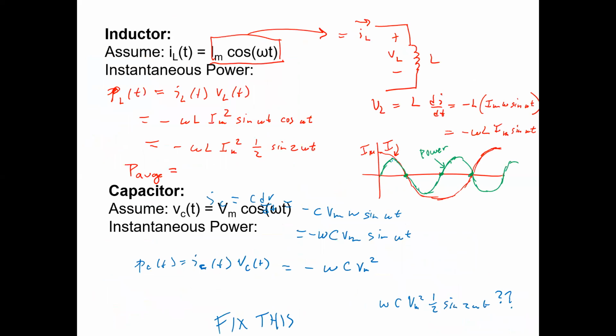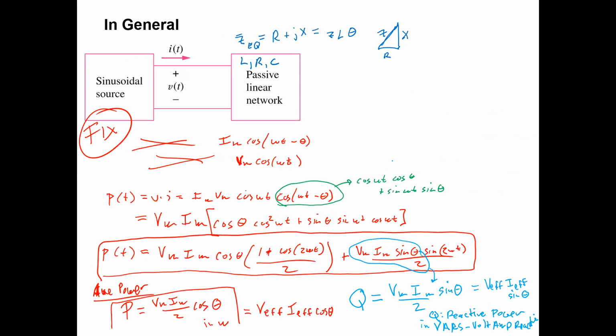When the green sine wave is positive, it's absorbing power, and when it's negative, it's pushing it back into the circuit. But that reactive power, we need to account for it because it does require current to flow into it and out of it. So we have to keep track of that. We can't ignore it completely, but we're not actually getting anything useful in terms of work from the reactive power. The power that we actually use for whatever we want to do is the average power.